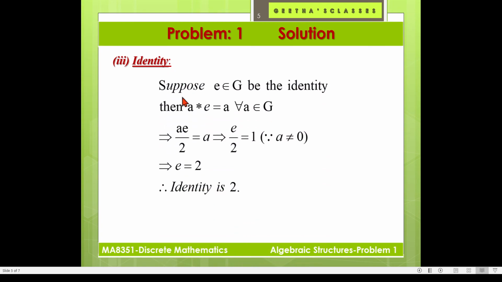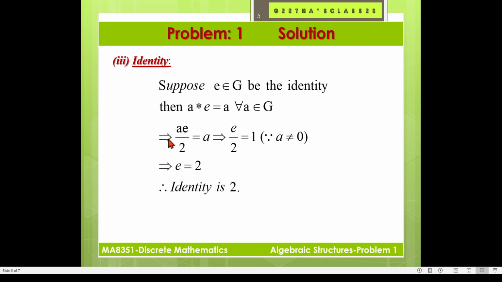Now the third property, the identity property. Suppose we take e belonging to G as the identity element. Then a star e equals a for all a belonging to G. By definition, a star e can be written as ae by 2, and that is equal to a.